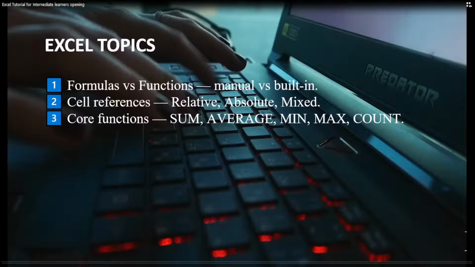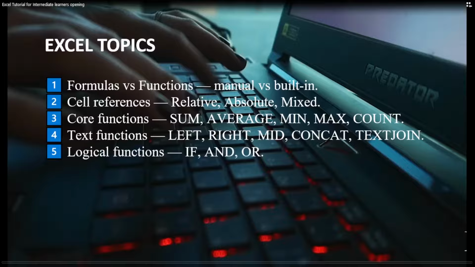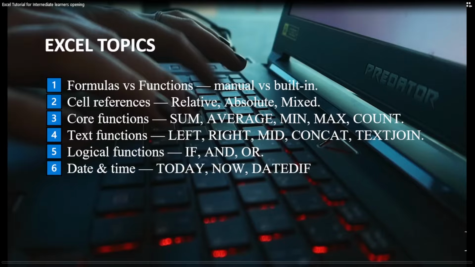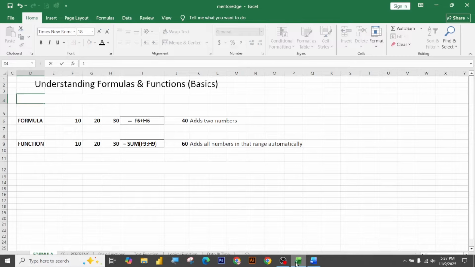Core functions: sum, average, minimum, maximum, count. Text functions: left, right, mid, concat, textjoin. Logical functions: if, and, or. Date and time: today, now, datedif. Whether you are managing data or analyzing reports, these skills will level up your Excel game.